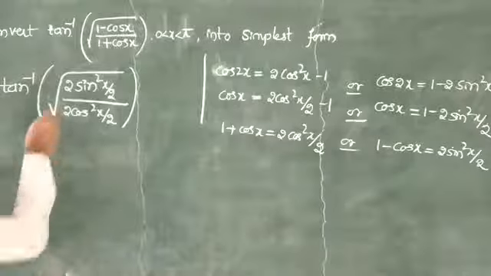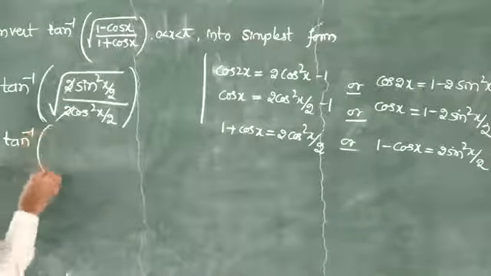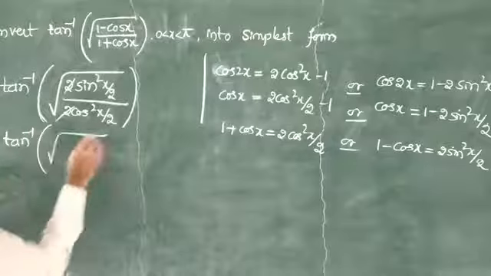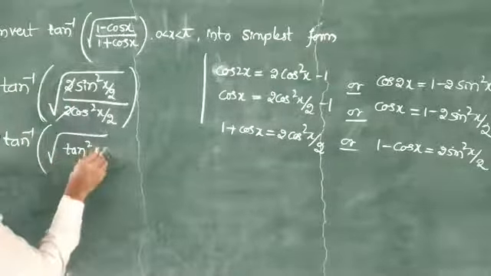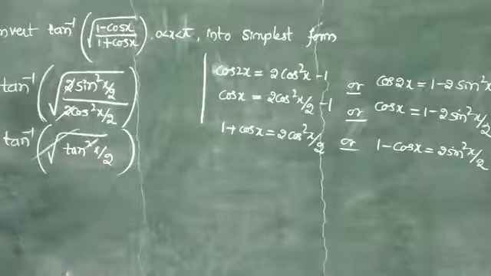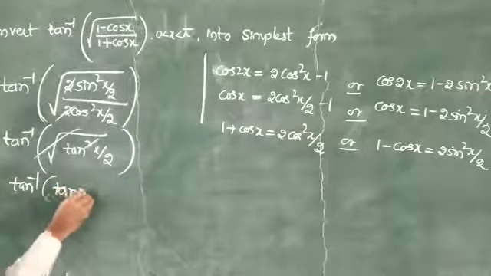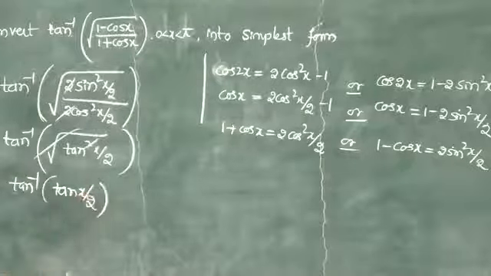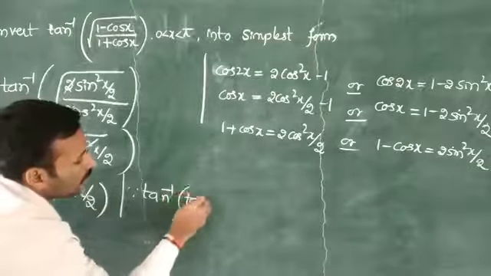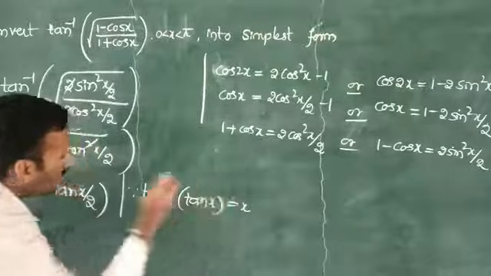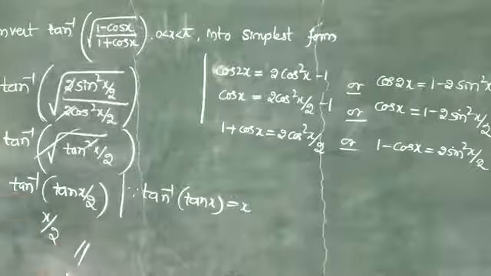The 2 cancels out, that is tan inverse of root of sin square x by 2 divided by cos square x by 2, which is tan square x by 2. Next, the square root cancels out, it is tan inverse of tan x by 2. As you know the property, tan inverse of tan x is x. That's why tan inverse of tan x by 2 is x by 2, which is the simplest form of this problem.